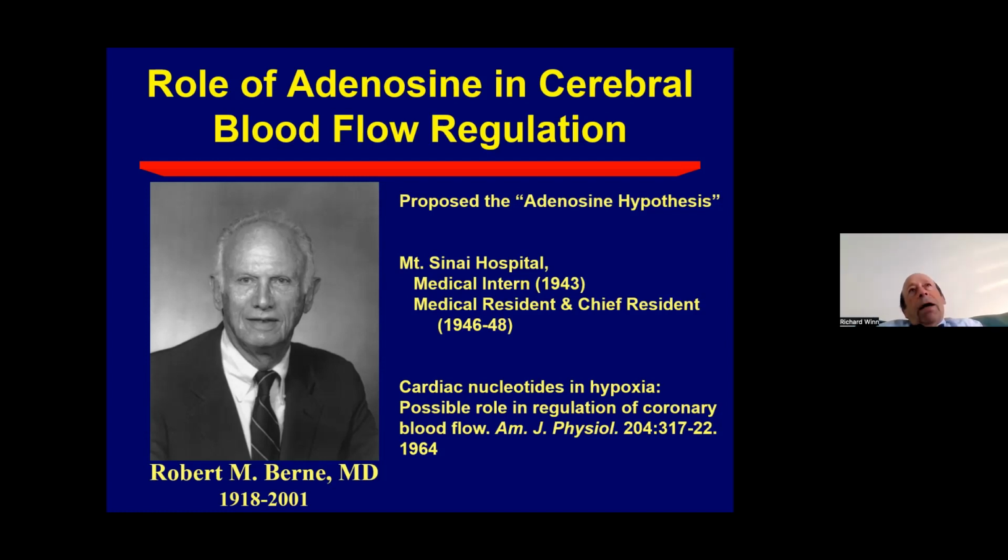And after a distinguished career at Case Western Reserve, he became the chair of physiology at the University of Virginia. Here's this seminal paper, which he published in 1964 on cardiac nucleotides in hypoxia. And he articulated the adenosine hypothesis to explain myocardial blood flow.